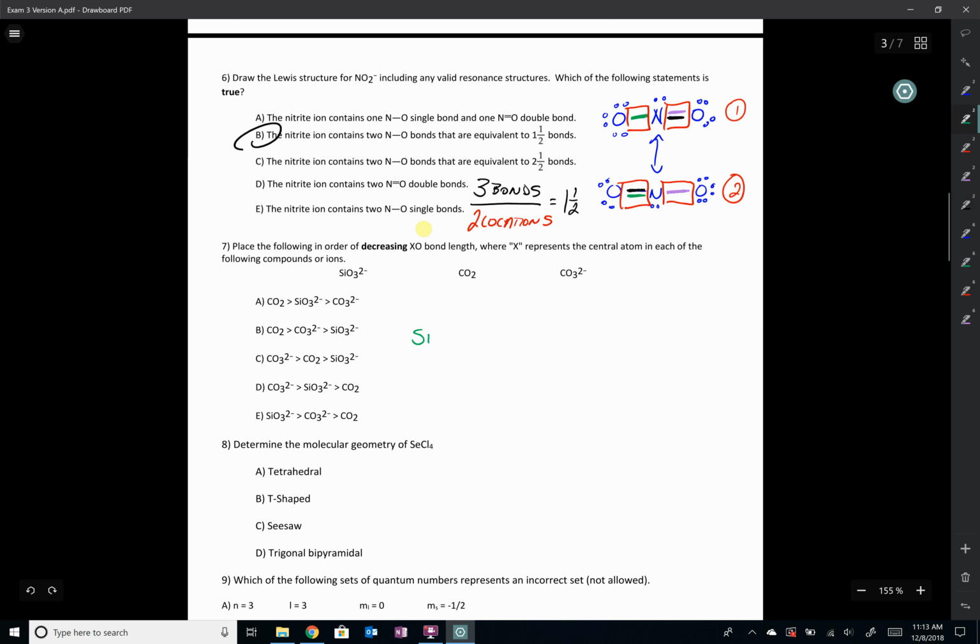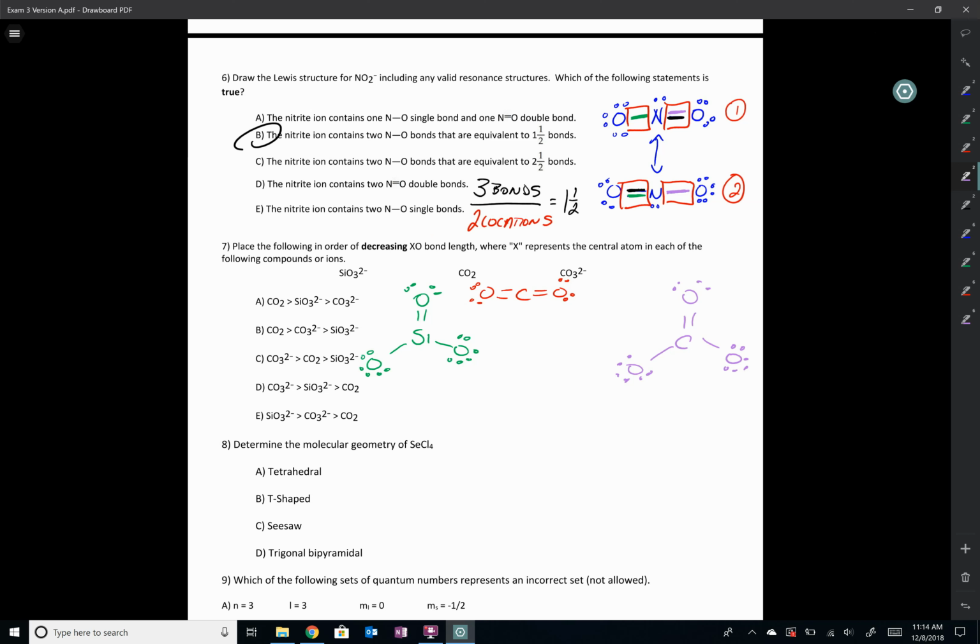SiO3, CO2, and then CO3. So there are our 3 Lewis structures.